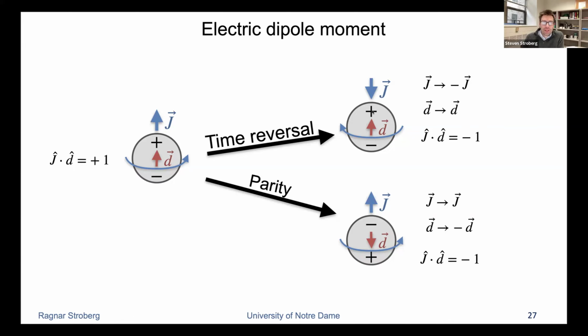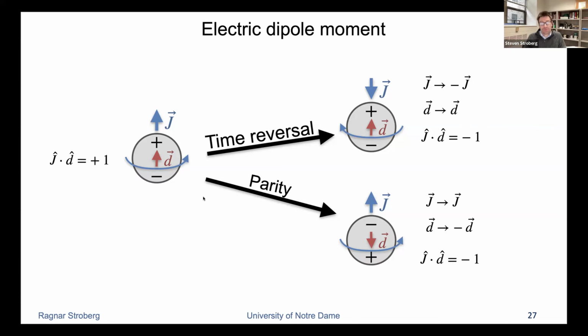So if the angular momentum is from something spinning around, you reverse time, so it starts spinning in the other direction. That reverses the angular momentum. So J goes to minus J. The dipole moment is just sitting there. There's no time involved. So D goes to D. So the dipole moment stays unchanged. And so now the dot product becomes negative. So we change that dot product under time reversal.